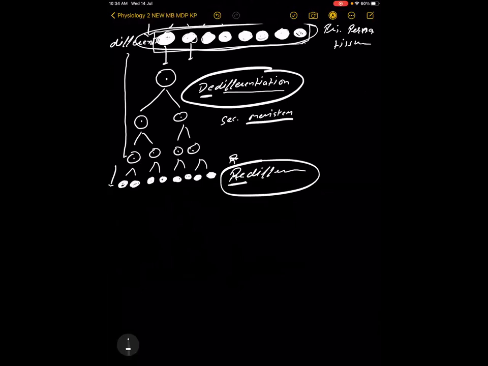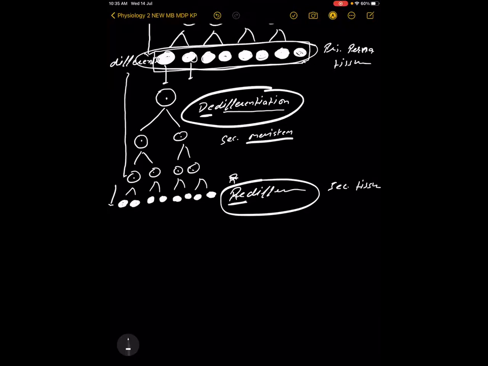Redifferentiation means again the cells after dedifferentiation divide, and again they get matured and differentiated. They attain a particular size and shape, they do not divide, and they are ready to perform a specific function. So that is secondary permanent tissue. That is called redifferentiation.